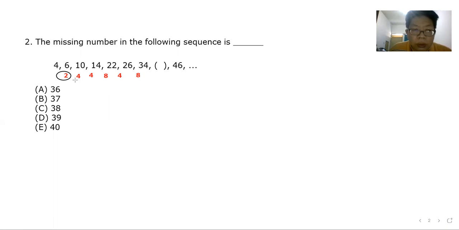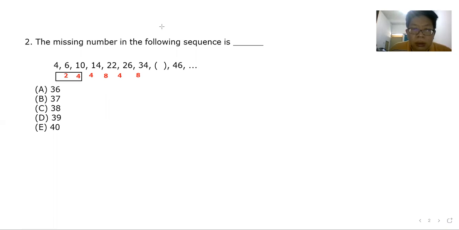We have here 4, 8, 4, 8, and so forth. Furthermore, I can disregard these 2 differences here to find the missing number. The difference from 10 to 14 is 4, from 14 to 22 is 8. We have 4, 4, 8, 4, 8.